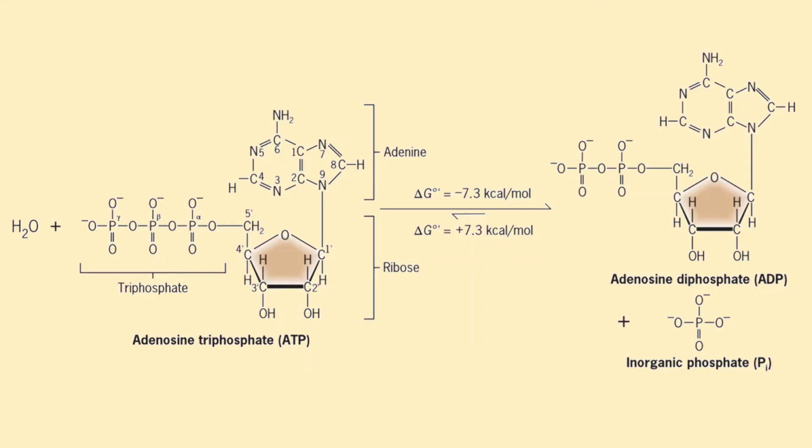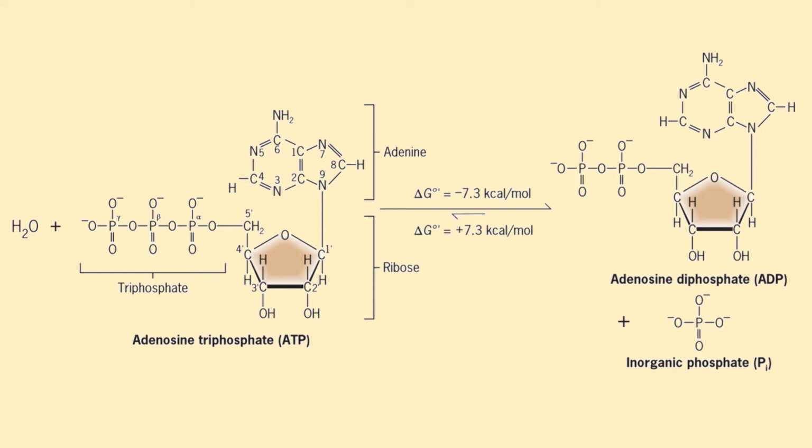So here's the structure of ATP as shown here on the left. So it's a very energy-rich molecule, particularly on the last bond between the third inorganic phosphate and the second inorganic phosphate.